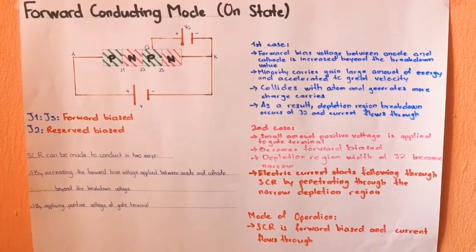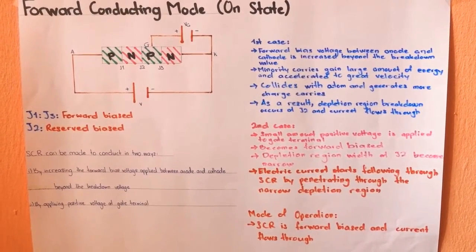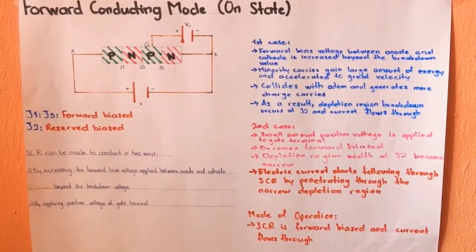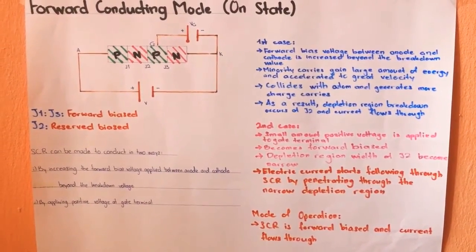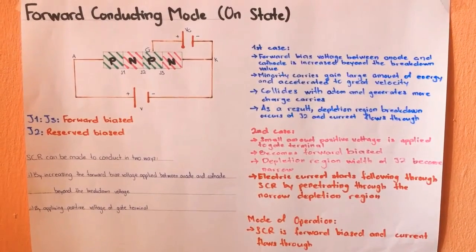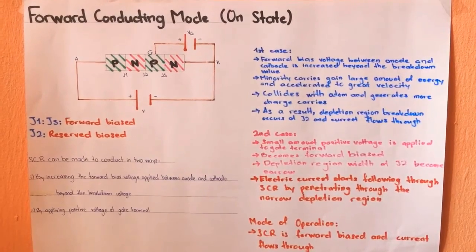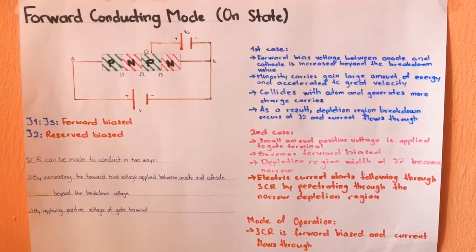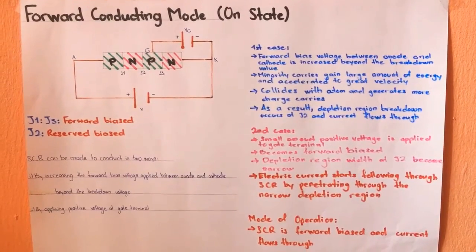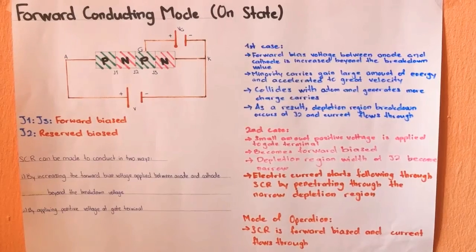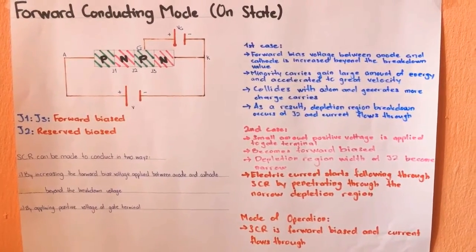I will explain the reason for this in the second case, but before that, in this mode, SCR can be made to conduct in 2 ways. The first way is by increasing the forward bias voltage applied between anode and cathode beyond the breakdown value. The second way is by applying positive voltage at the gate terminal.